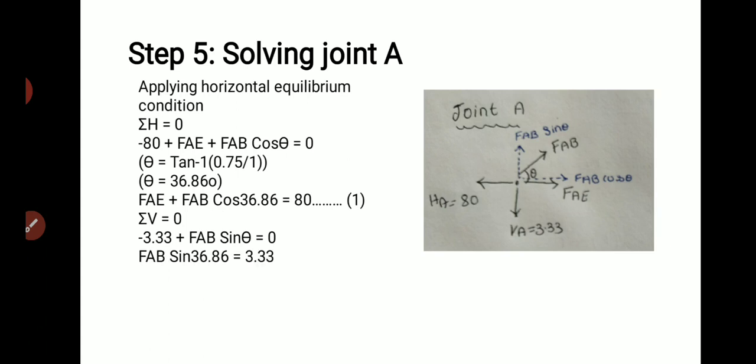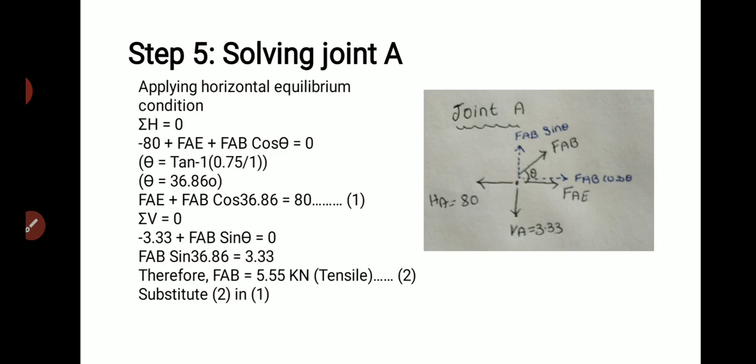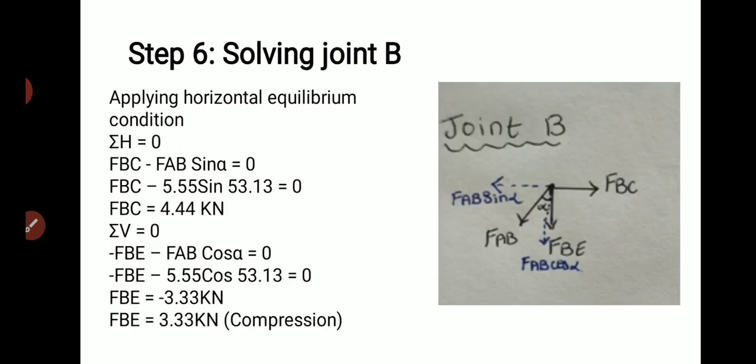FAB sin 36.86 will be equal to 3.33. Solving this equation, I got FAB as 5.55 kilonewton. It is a positive force, so it can be treated as a tensile force. Substituting the value of FAB in equation 1, I got FAE as 75.56 kilonewton as a tensile force. It is a positive force, hence I have stated it as a tensile force.